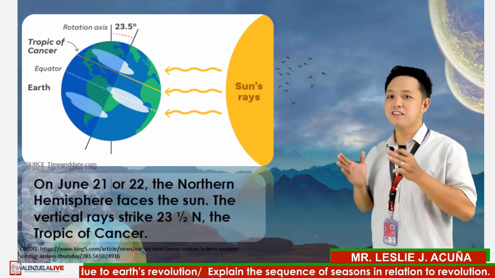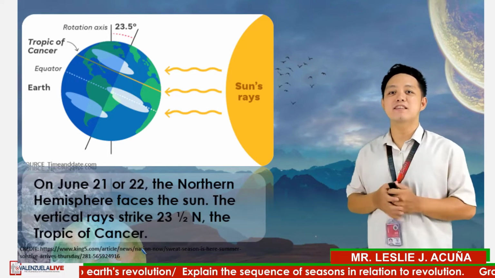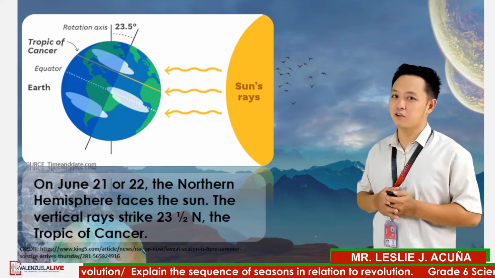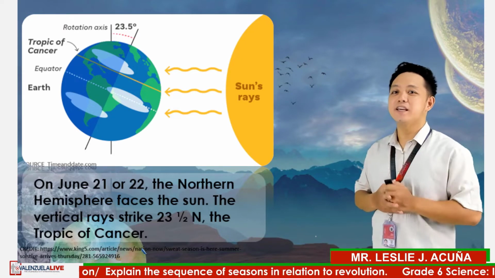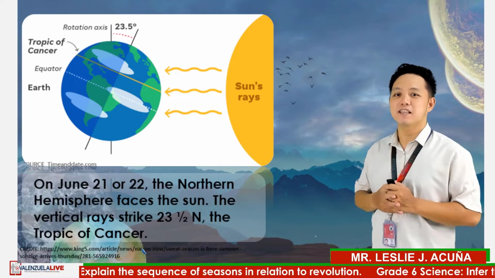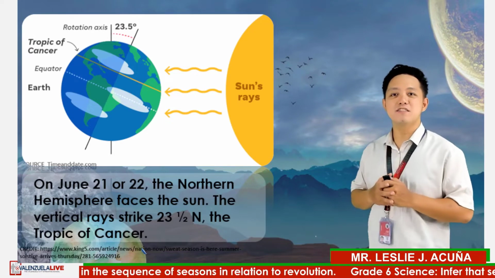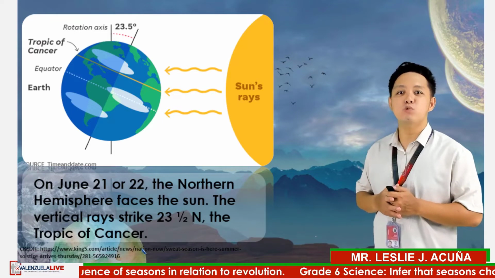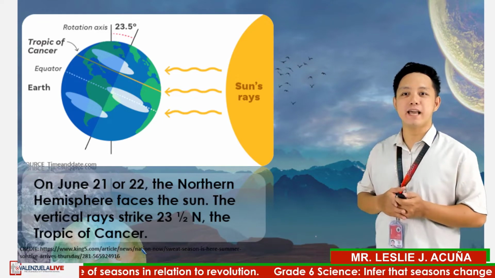And at the other side, the southern hemisphere, nights are longer. So, it is winter. The places beyond 66½ degrees south have a 24-hour nighttime.